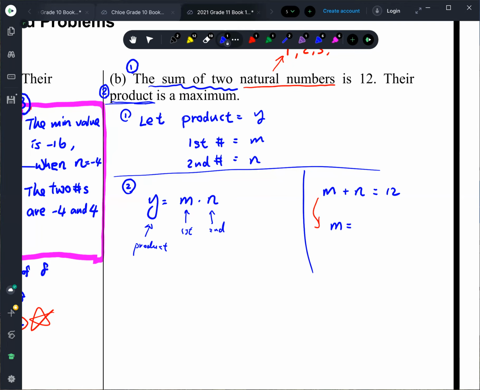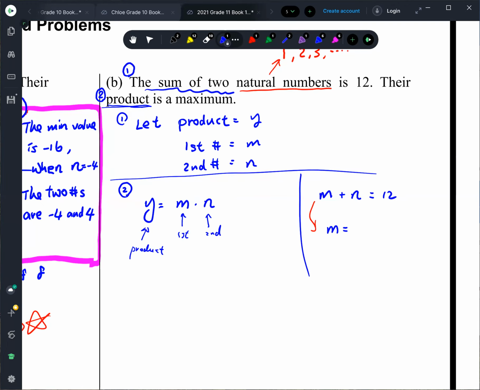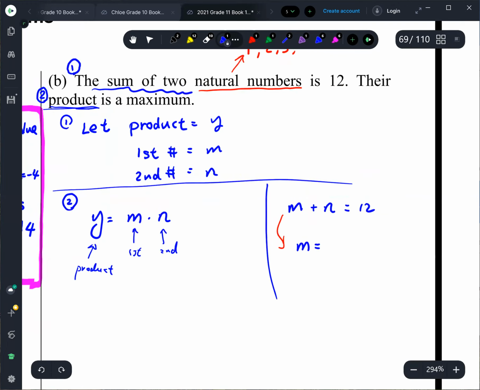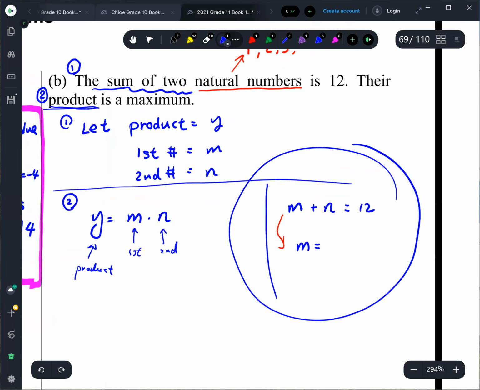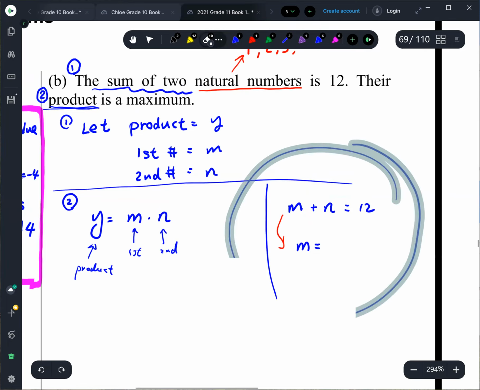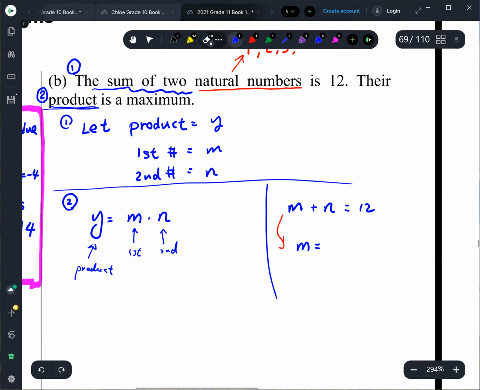Where did you get the 8? You're looking at the right side, this part. You see that M plus N equals 12, right? So we want to isolate one of them. You could isolate the M, so keep the M on the left side.